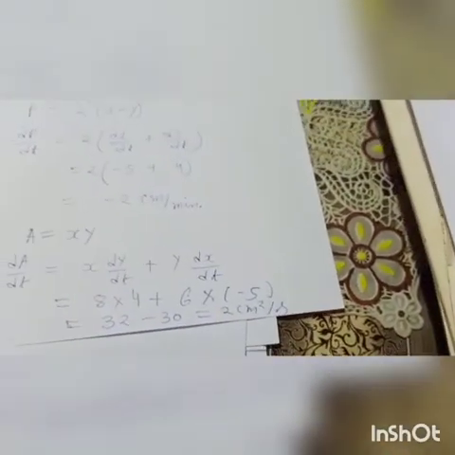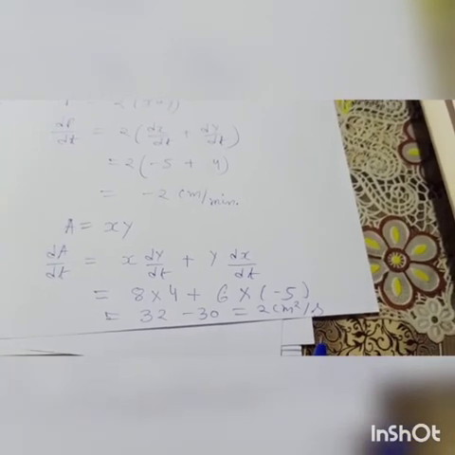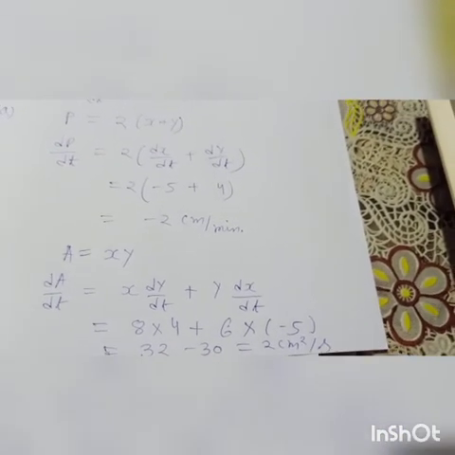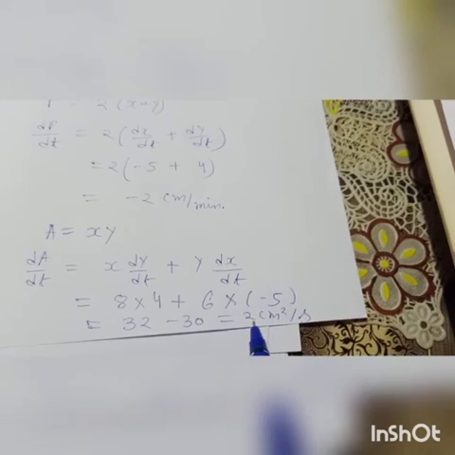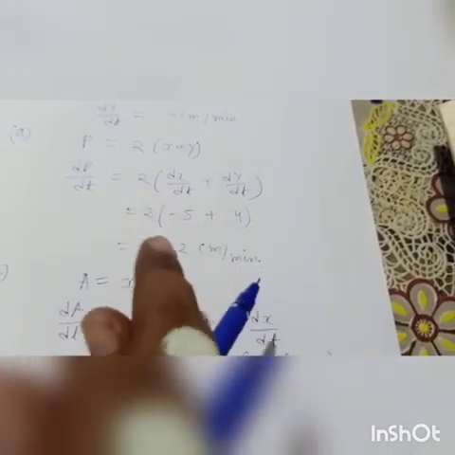So this is the answer of this question. So we can say the rate of area is increasing because 2 is positive, while rate of change in perimeter is decreasing since 2 is negative.